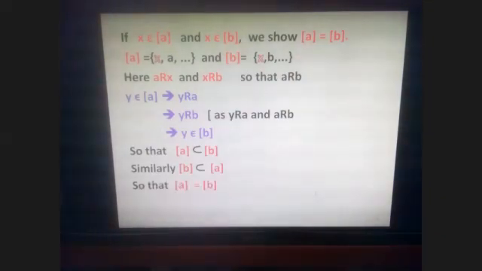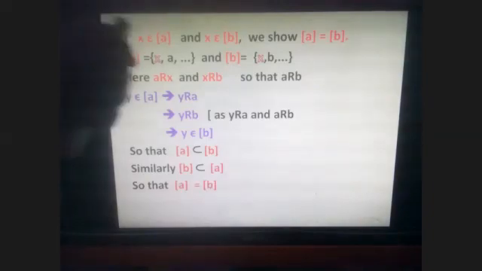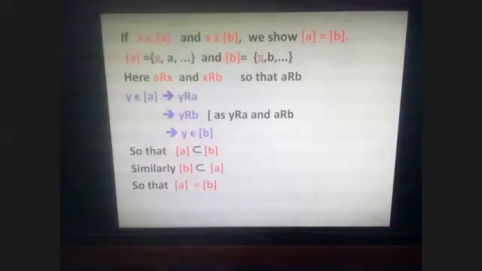Hence they are equal. So if at all you pick up one element common, they are identical.